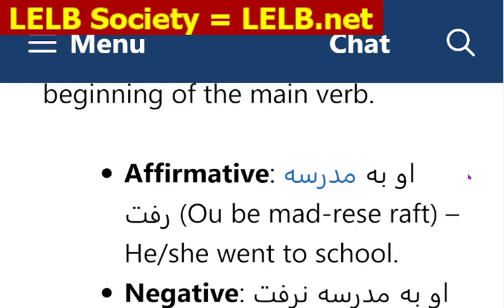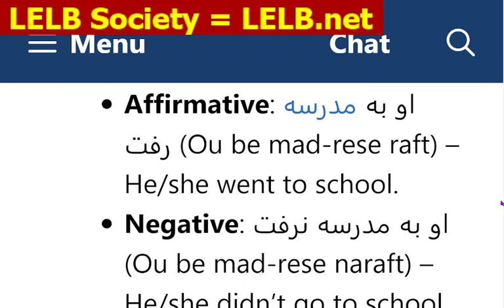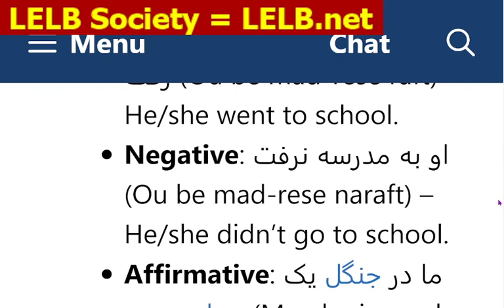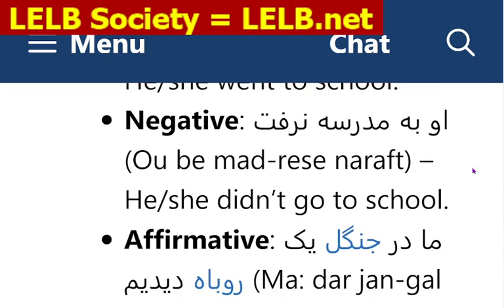For example, affirmative: او به مدرسه رفت. He or she went to school. And the negative form: او به مدرسه نرفت. I've just added na to the beginning of رفت. He or she didn't go to school.